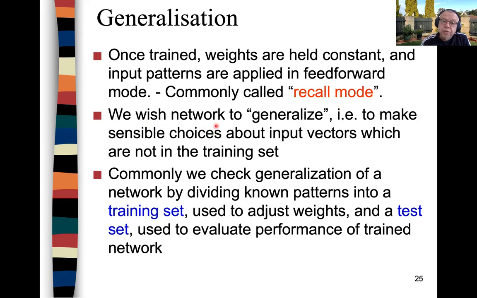We wish the network to generalize, i.e. to make sensible choices about input vectors which are not in the training set, so unseen input vectors. Commonly, we check generalization of a network by dividing the known patterns into a training set used to adjust the weights and a test set. And usually you have a division of 70-30 or so, used to evaluate the performance of the trained network.